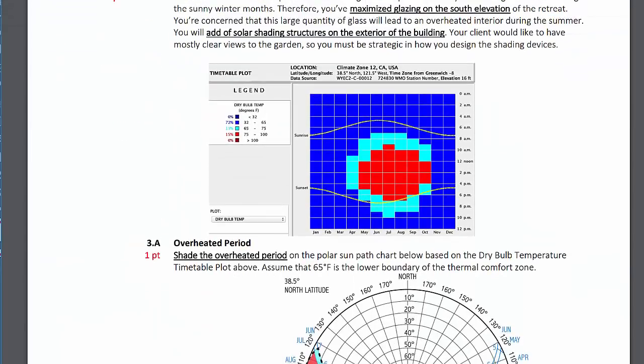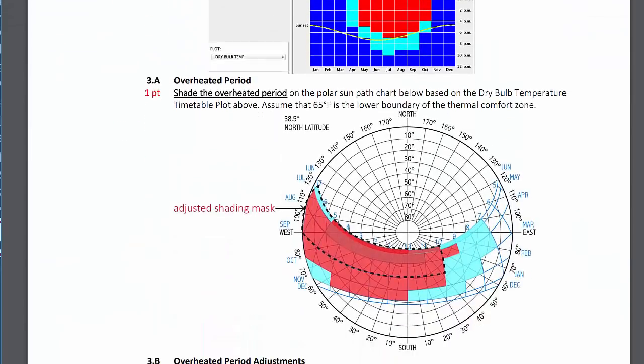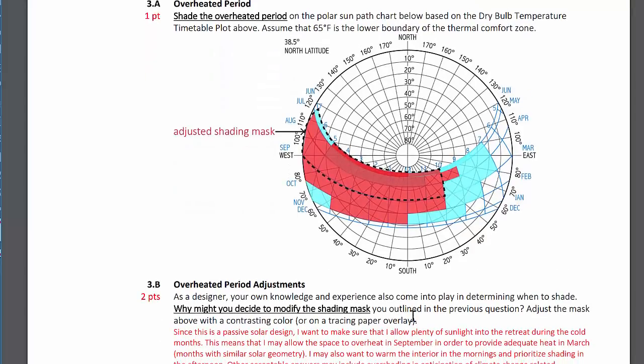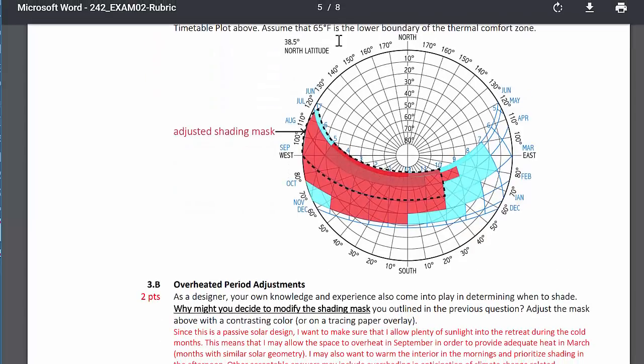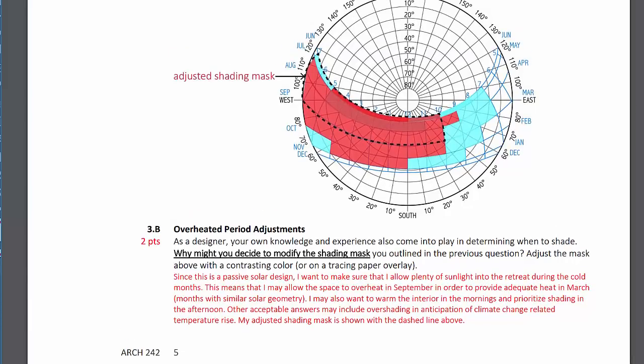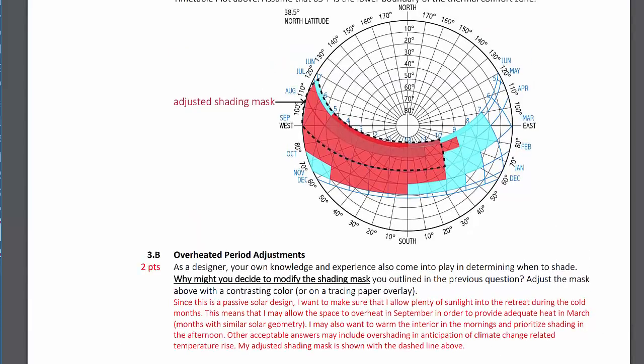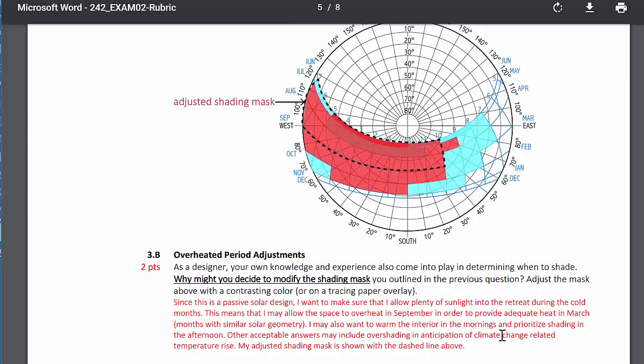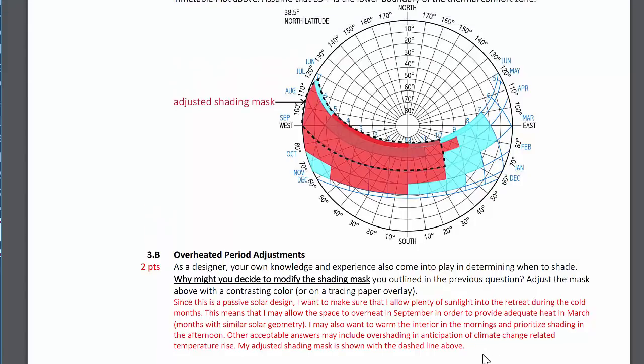In the shading question, the first portion was to map the overheated period. So that should have been a pretty straight mapping from the timetable plot above onto the sun path chart. And then there was this question about if you wanted to make a modification to the overheated period. And I really feel like this is a key critical thinking aspect of this test.